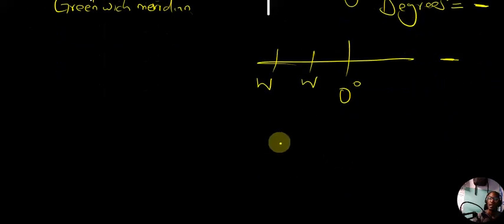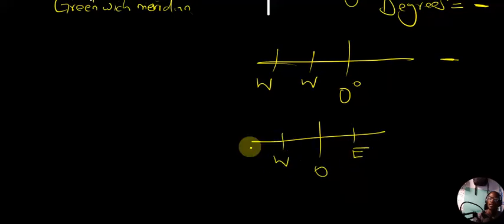We only add when they are on different sides. For example, this is the Greenwich meridian. This is one town east and another town on the western side. To find the difference in degrees here, we have to add.